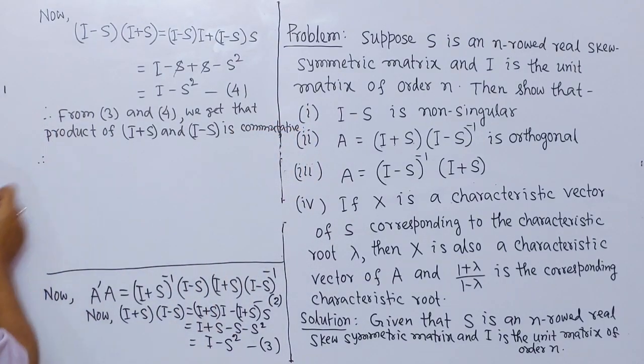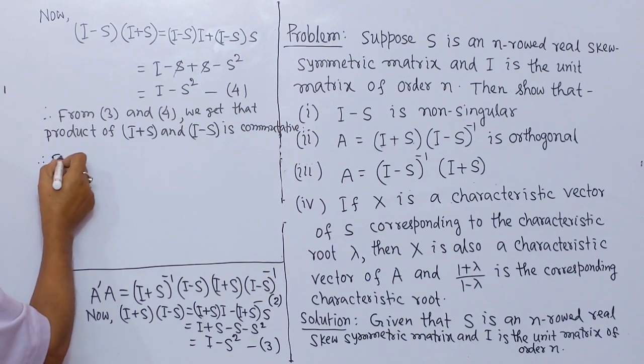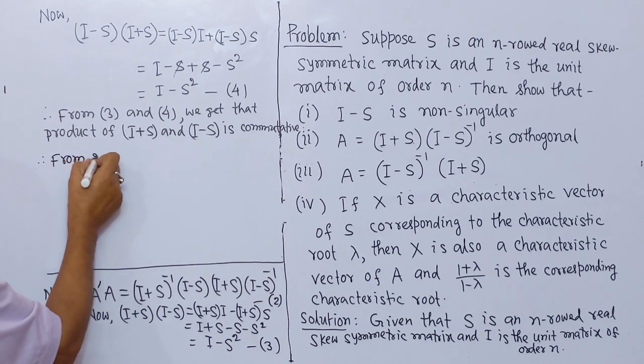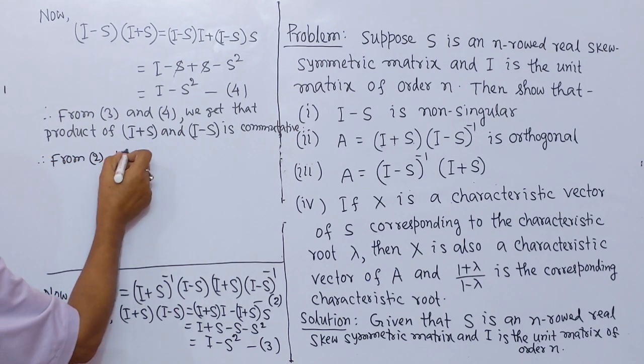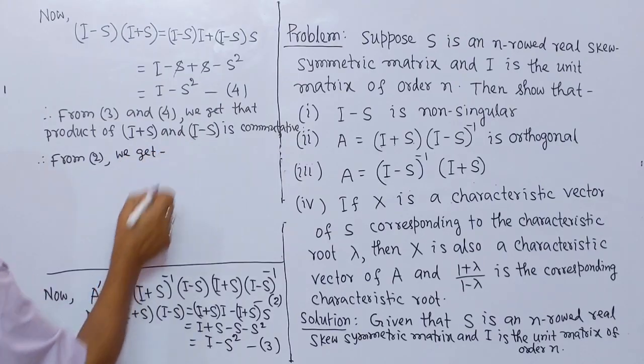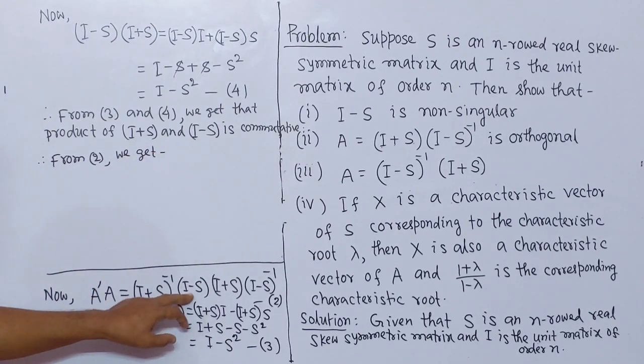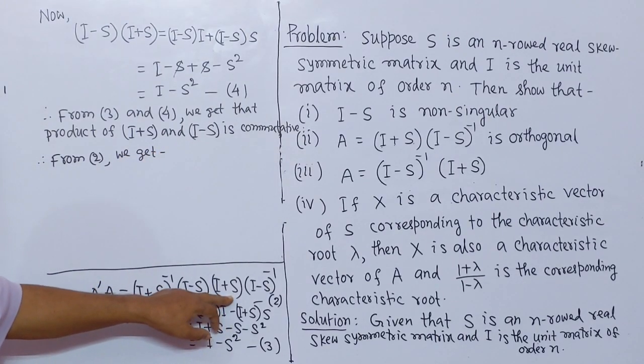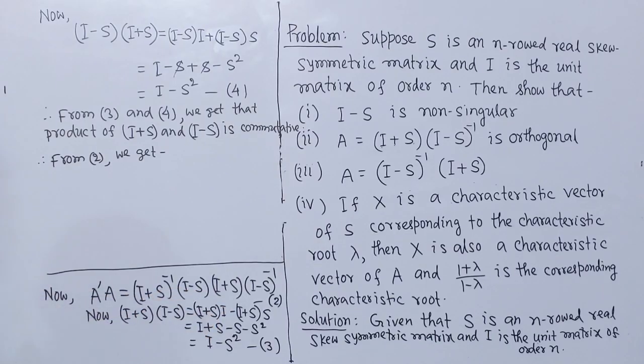Therefore, from 2 we get here I minus S multiply I plus S is commutative.